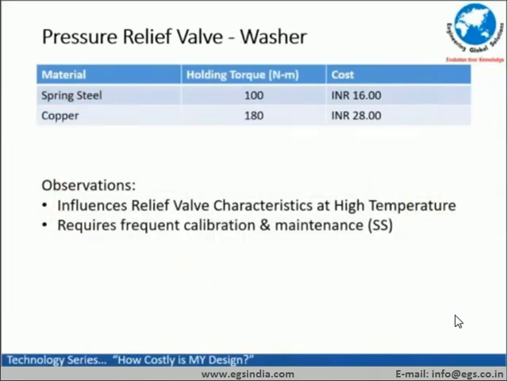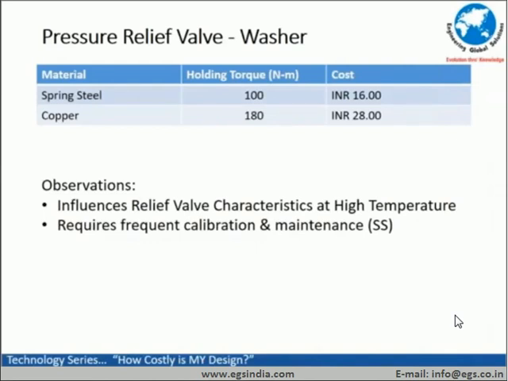Now, if you look at the washer, one of the important things about the cost or the value of a product is the IPR. As I said earlier, if the environmental condition is going to be hot and in a vibration situation, the preload on the system has to be assured and cannot be mitigated.